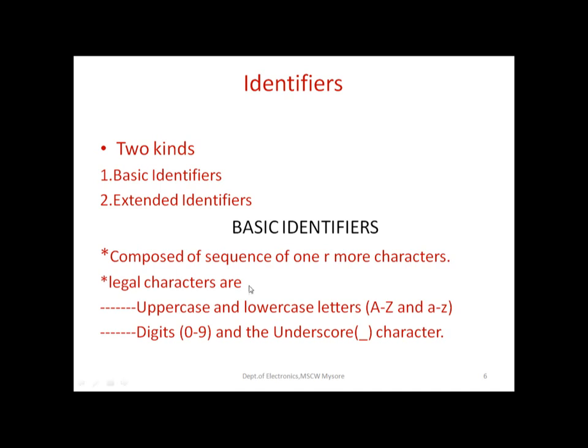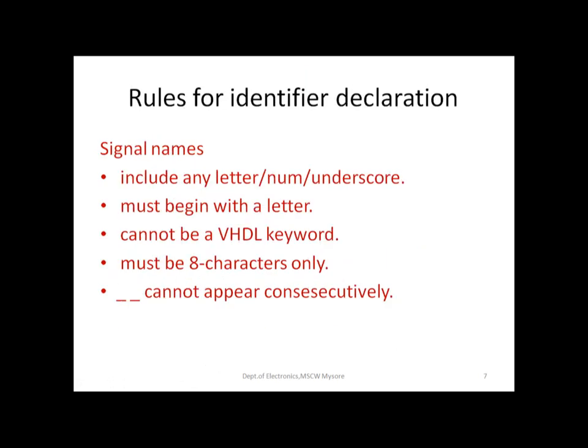And for these basic identifiers, which type of characters and numbers are you going to use? You can use the uppercase and the lowercase letters. All of you know it is A to Z and small a to z. And the digits you are going to use are from 0 to 9, and the underscore character also you can use for these basic identifiers.